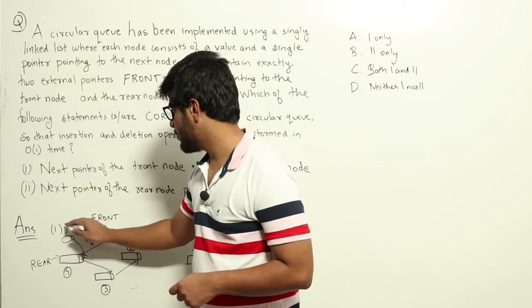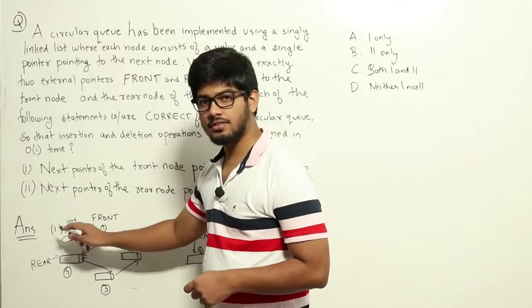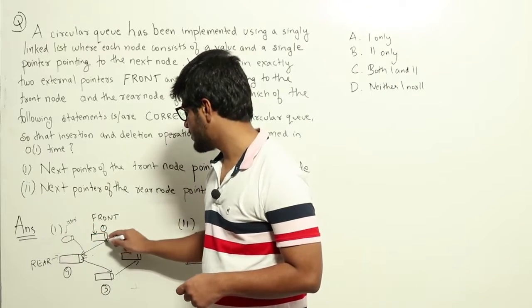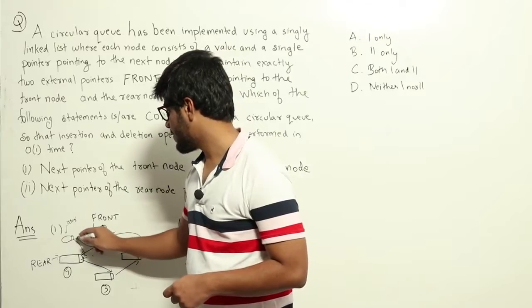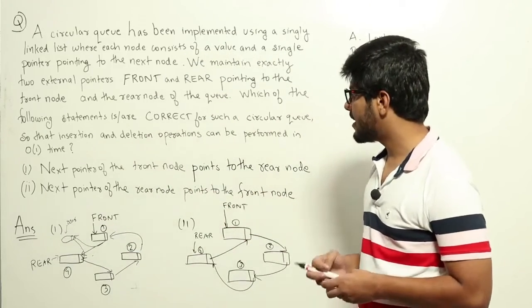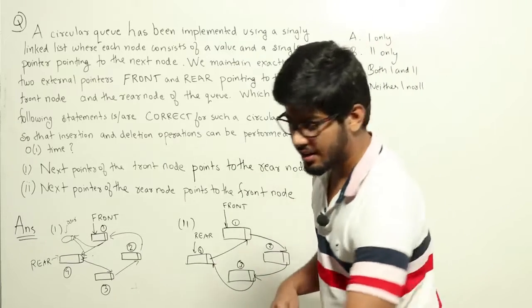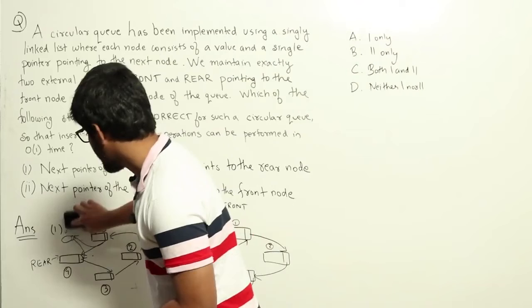So this will become the new rear. And from the front node, I know the address of the node which I created just now, so this arrow, I will just put it here. So this is how insertions happen. Clearly, I did that in O(1) time.